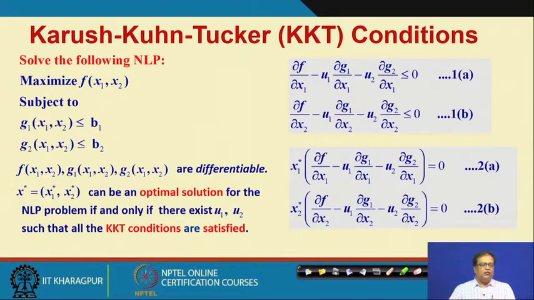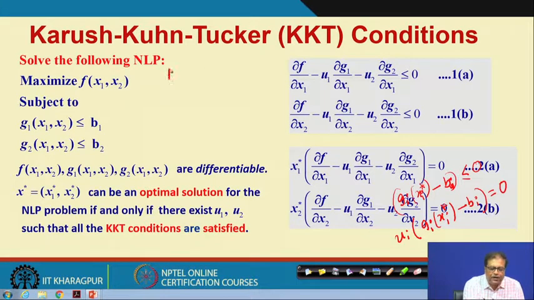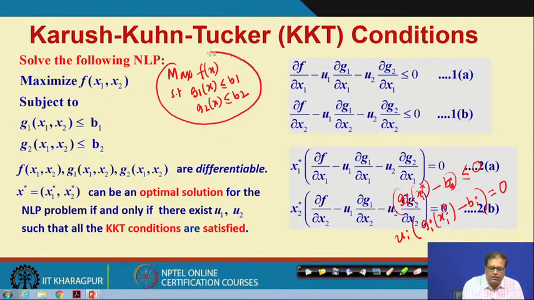In short, we can also write this as: maximize f(x) subject to g1(x) less than or equal to b1 and g2(x) less than or equal to b2. So, that is our problem, a very simple problem we take.